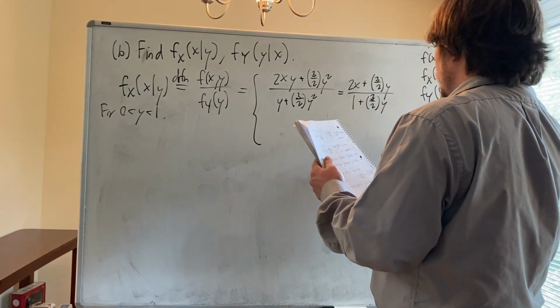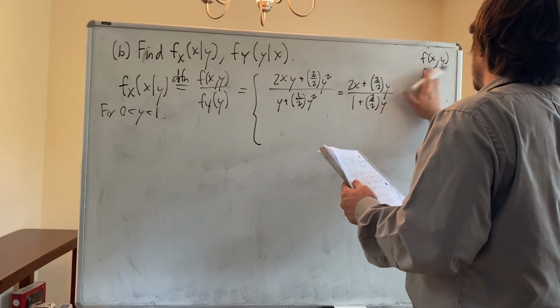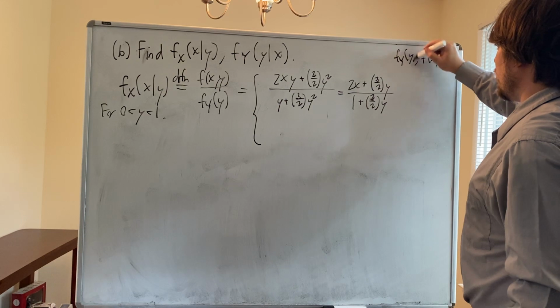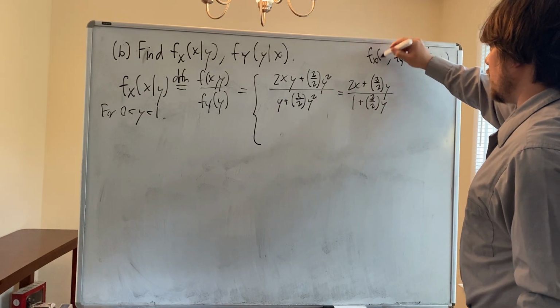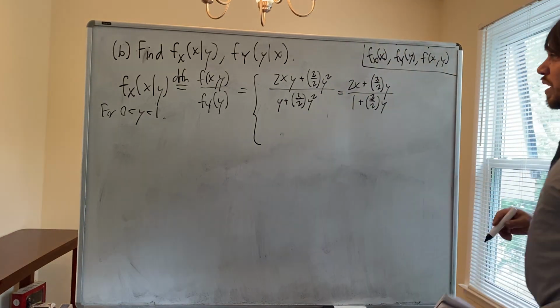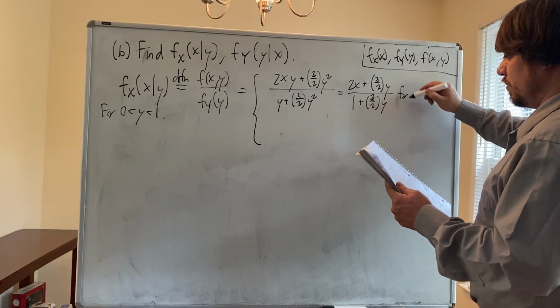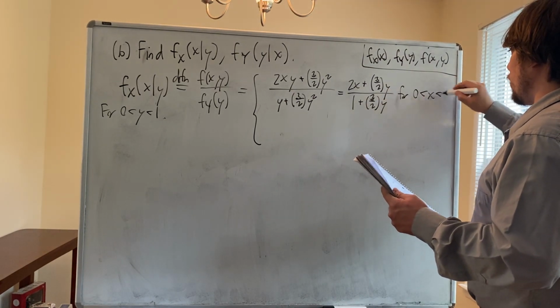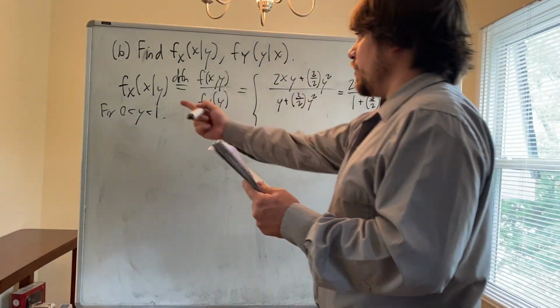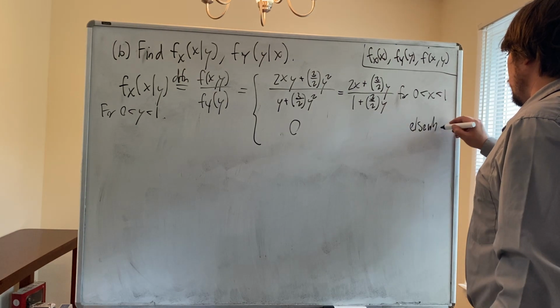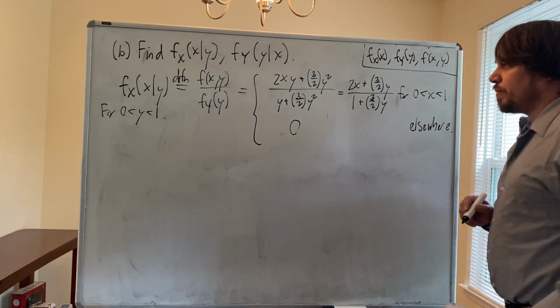And this is for, the things we have are this, and that. Okay, we have those three functions. Now this is for 0 less than x less than 1. And now this function is 0 elsewhere.